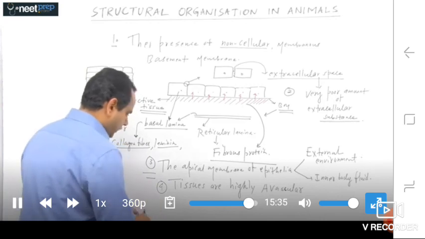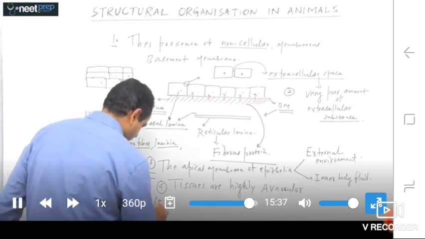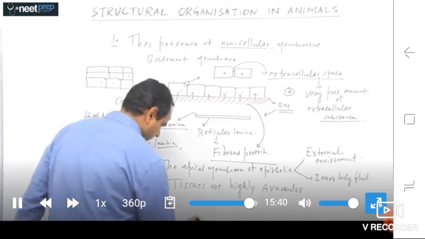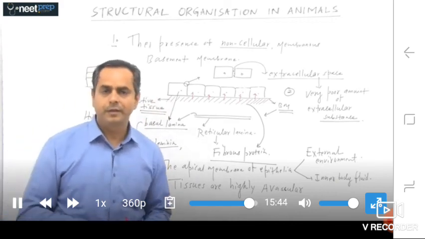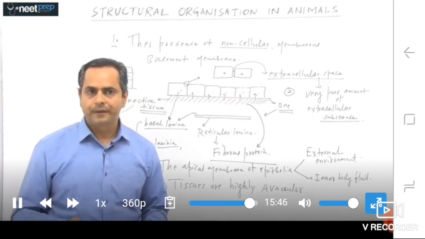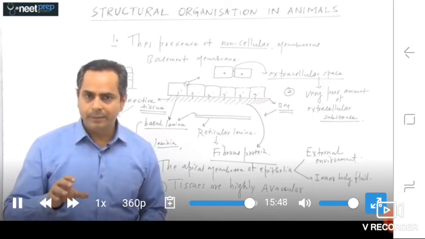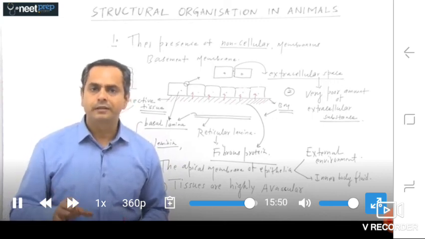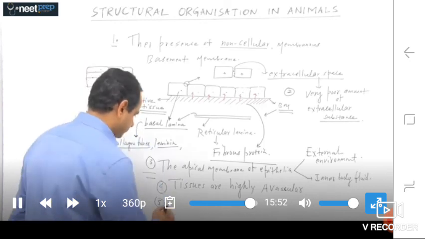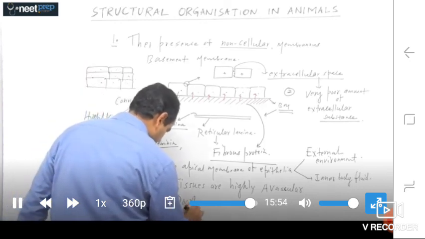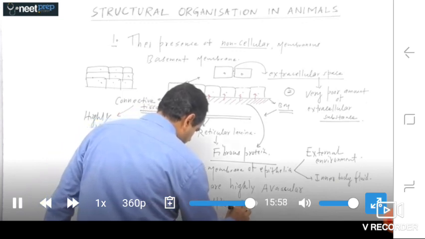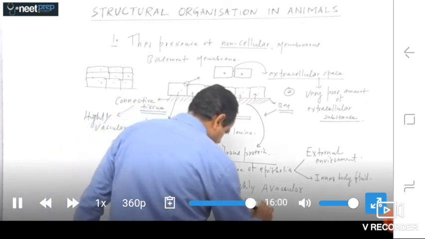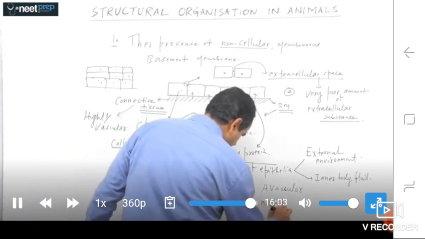And the fifth point is that epithelial tissues are not very much innervated. Epithelial tissues are poorly supplied with nerve fibers.